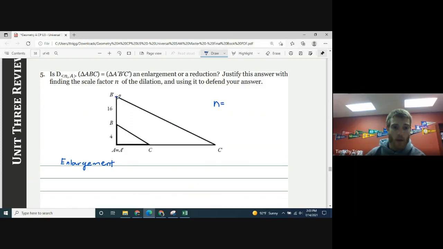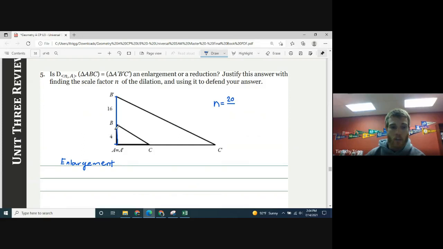So from B prime to A prime, what's that length there? That length would actually be 16 plus 4 more. You see that? Because this length here, B prime to B, is 16, and then B to A prime is 4. So 16 plus 4, that total distance for the image is 20.